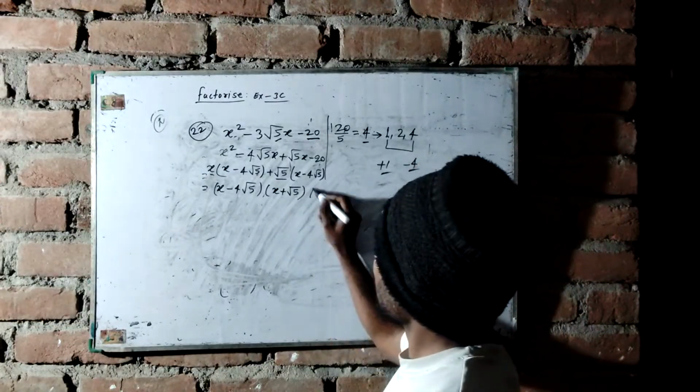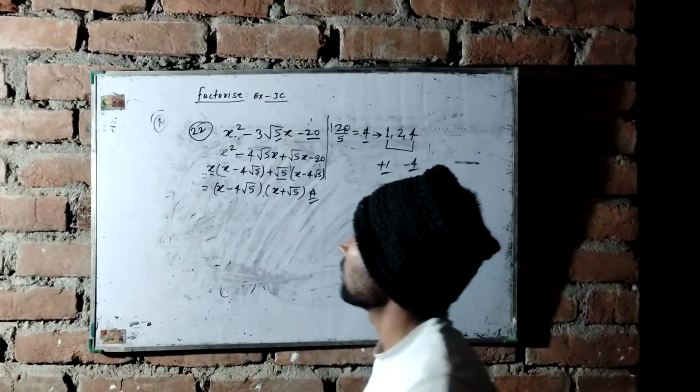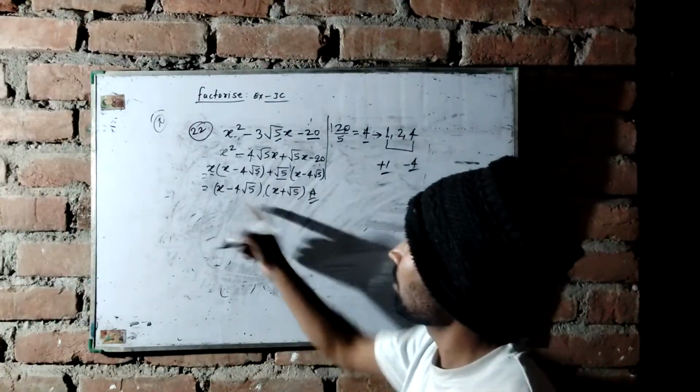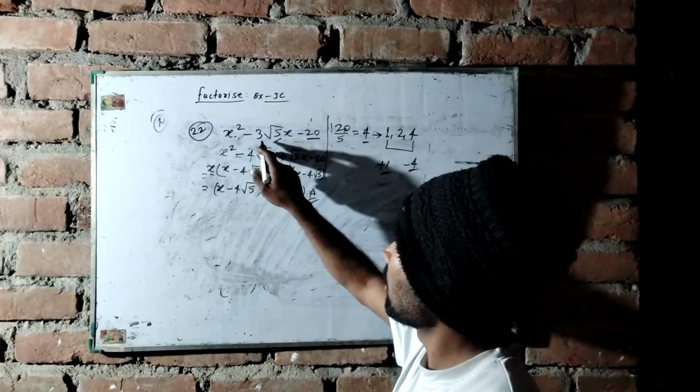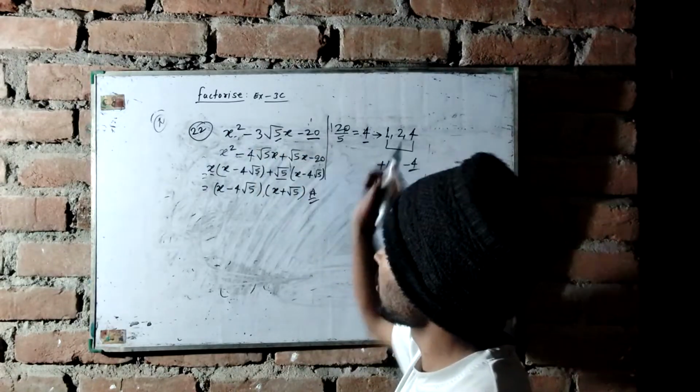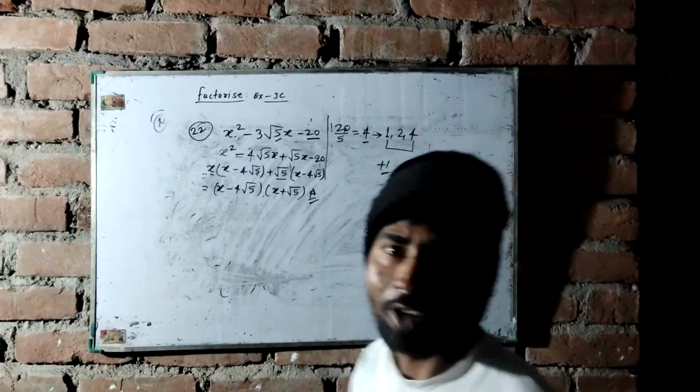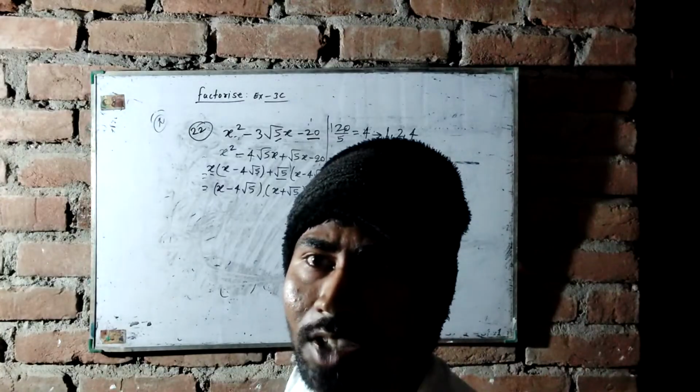So these are the required factors of the polynomial x squared minus 3 under root 5x minus 20. Now let's go ahead to the next questions.